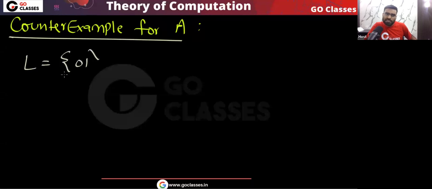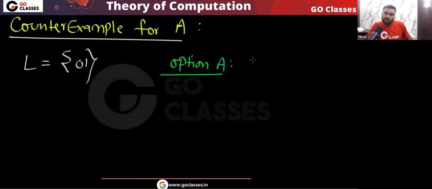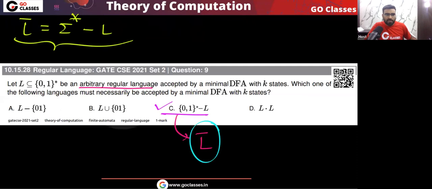It is very simple. You can just take L equal to the single string 0 1. Now, what is option A? Option A is L minus 0 1.